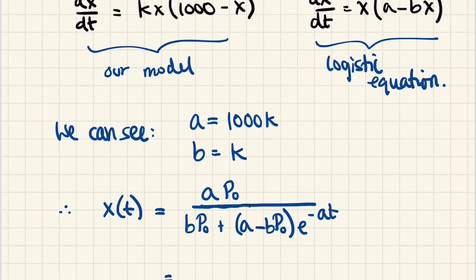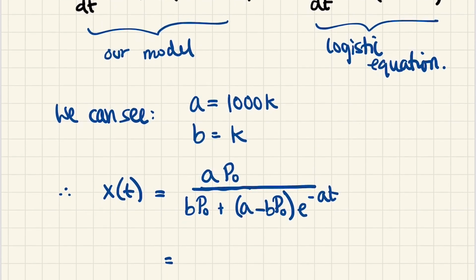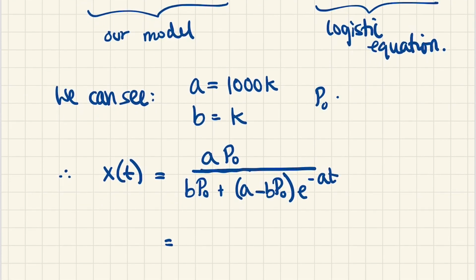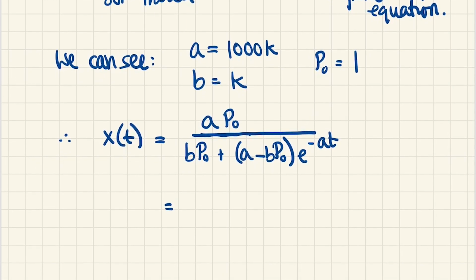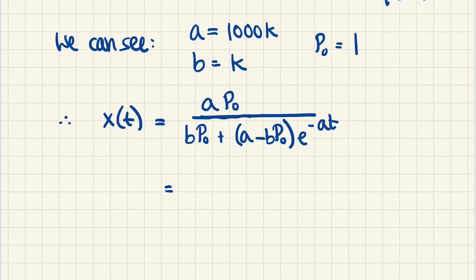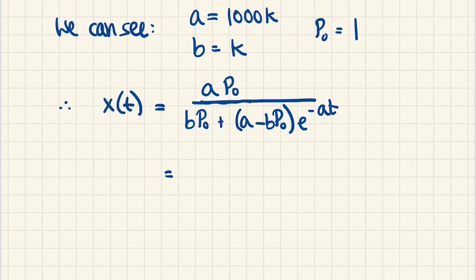And let's put in all of our pieces because we know, let's also write it over here. P initial, of course, is 1 because there's one person who's sick at the start. So our A is 1000K, so we have 1000K times 1.